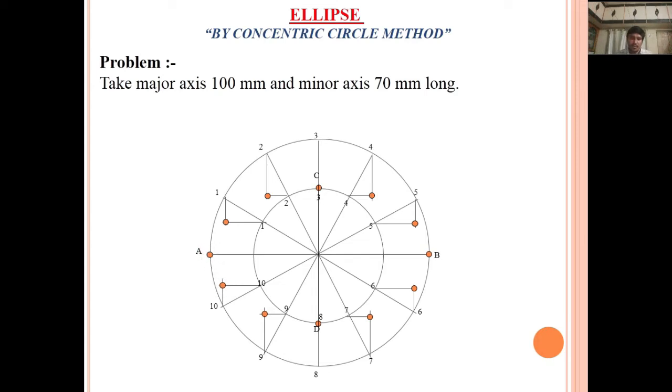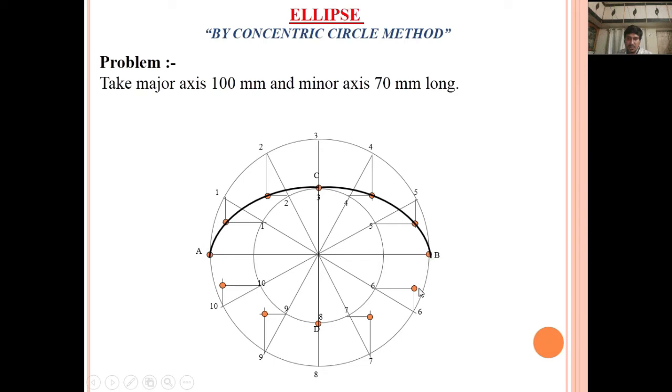Now we can join all these orange color points, or all the intersection points of line 1-1, 2-2, line 4-4, line 5-5. With this joining of all these points, we get a smooth required ellipse like this, from point A to 1, 1 to 2, 2 to 3, 3 to 4, 4 to 5, 5 to B, like this.